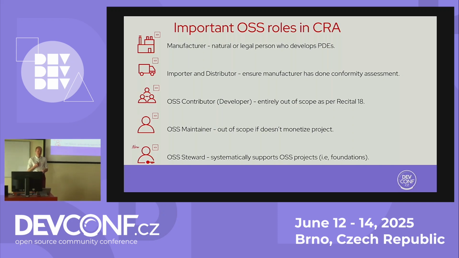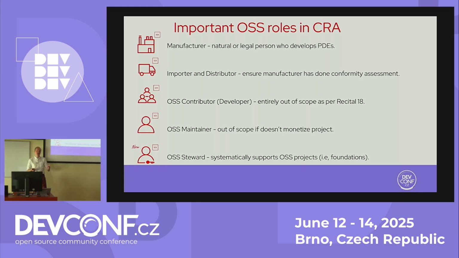Now, the open source contributor or developer. It's important to note that this role is actually entirely out of scope of the CRA, and I will show you a simplified diagram later on so that you're not scared about that part. The maintainer is also kind of out of scope if they don't monetize the projects that they're working on.